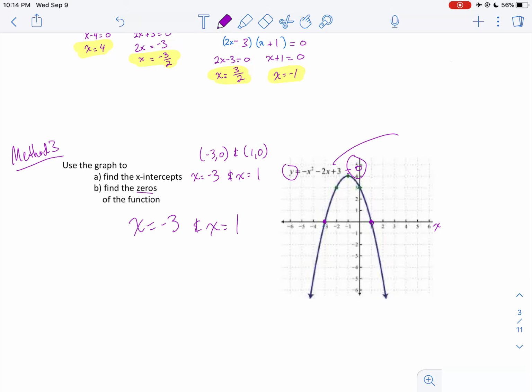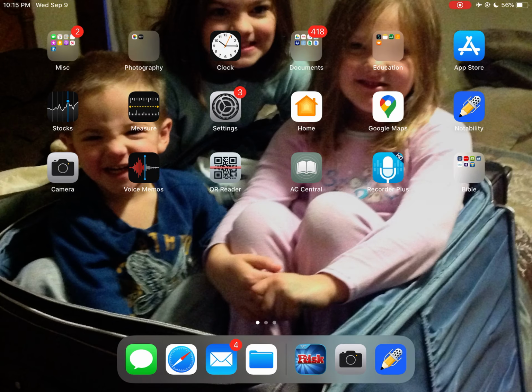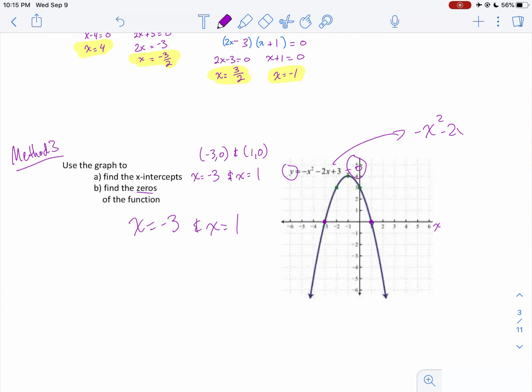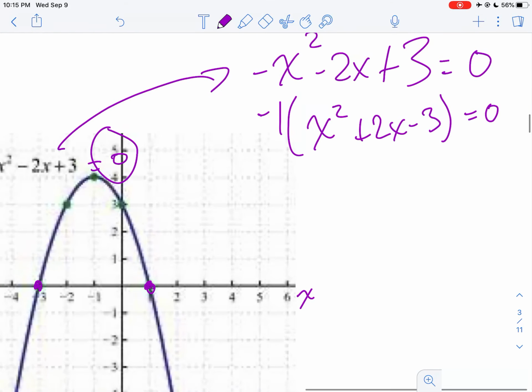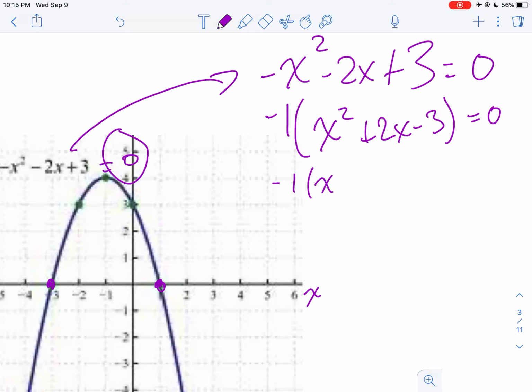Actually, I just want to show you real quick here. If I had negative x squared minus 2x plus 3, and I want that to equal 0. This negative out front is a little challenging to work with, so I'm going to factor it out. And now I can factor.